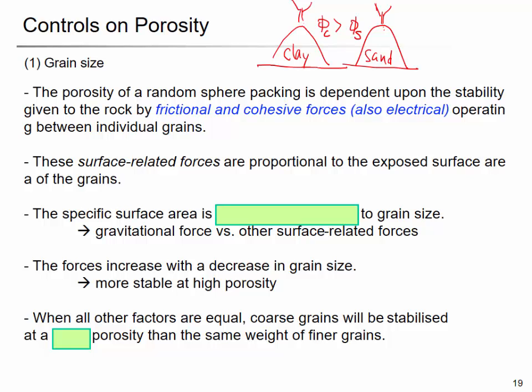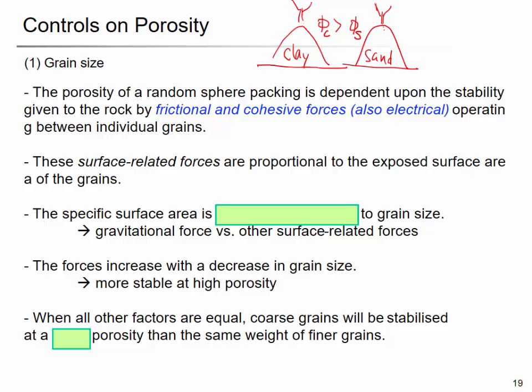The specific gravity, so the density of the grain itself, is the same. Clay has 2.7 and sand has 2.65, so both are similar.